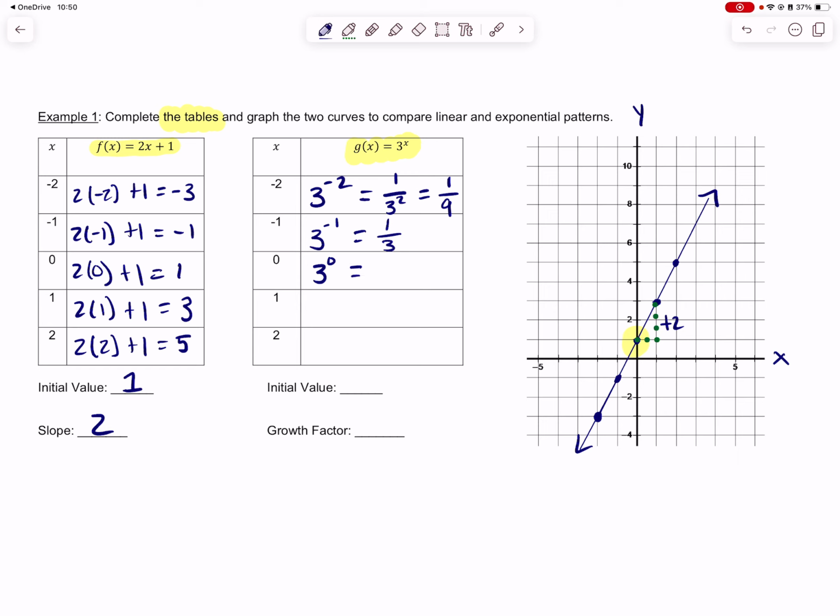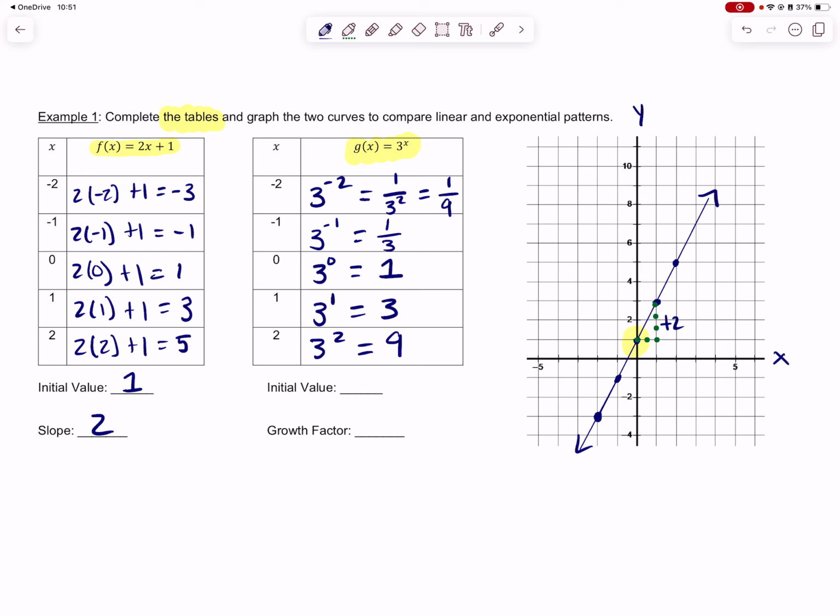Whenever I have an exponent that's just 0, it simplifies to being 1. And then we have 1 for x, so 3 to the first power, that's just 3. And then lastly, 3 to the second power gives us 9.